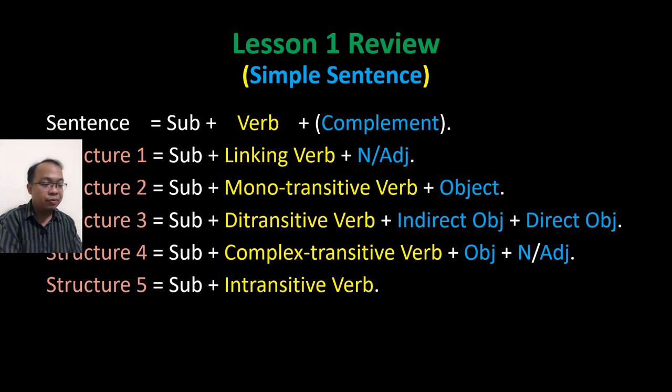Sentence structure number 4 is written with a complex transitive verb, which requires 2 different words right after it as well: the object and the object complement. Usually the 2 words refer to the same identity, the same person, or the same object.